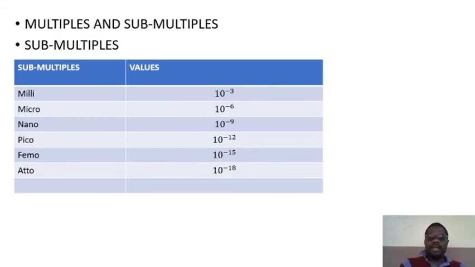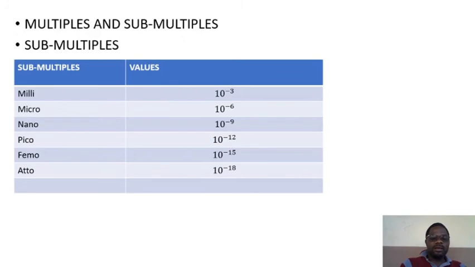So that milli there is a submultiple of meter, which we know is the unit of the distance. So we see that the submultiples and multiples are used in measurement. When we are talking about a very small measurement, we use submultiples. But when we talk about a large measurement, we use multiples.